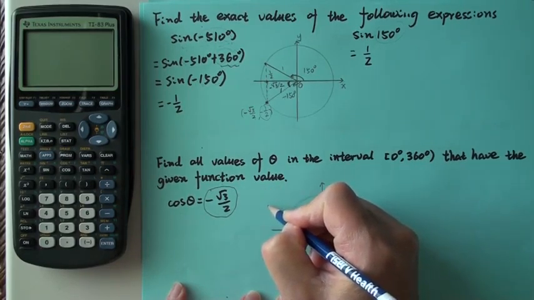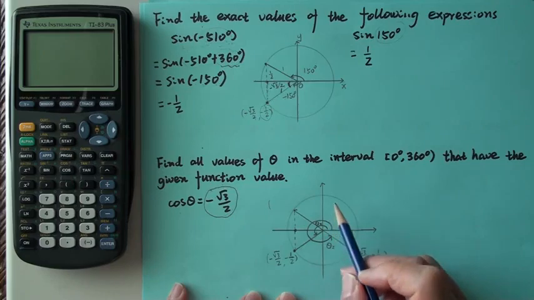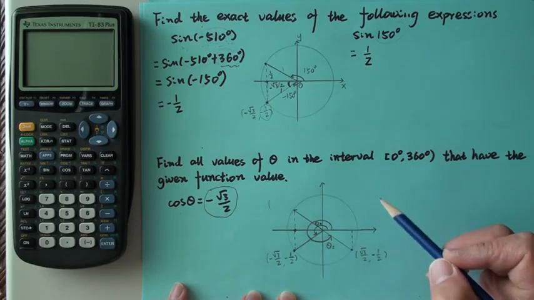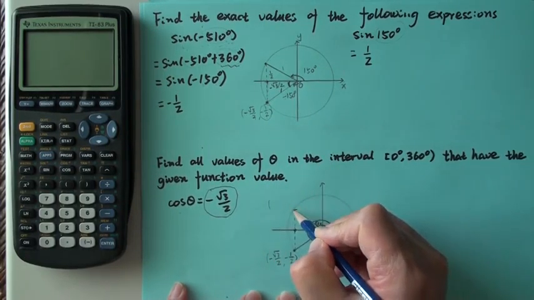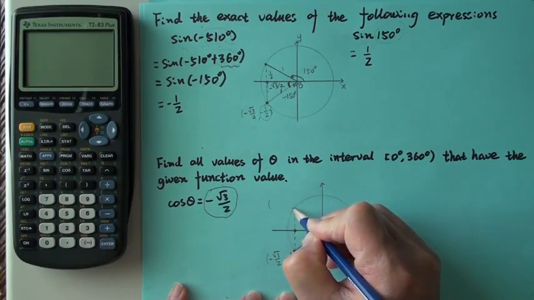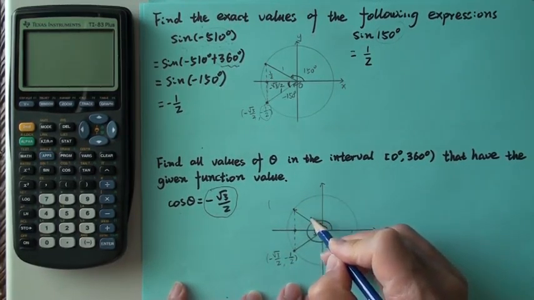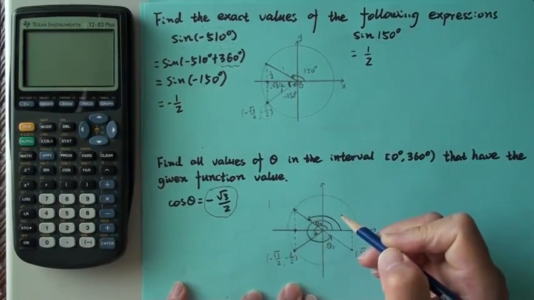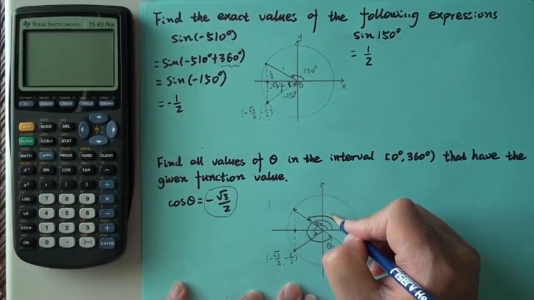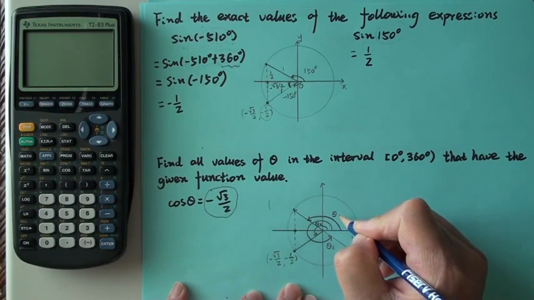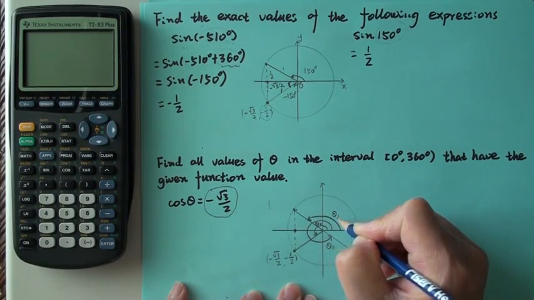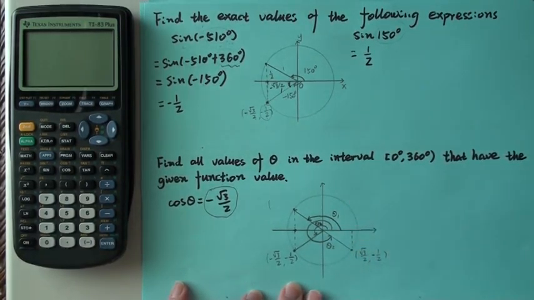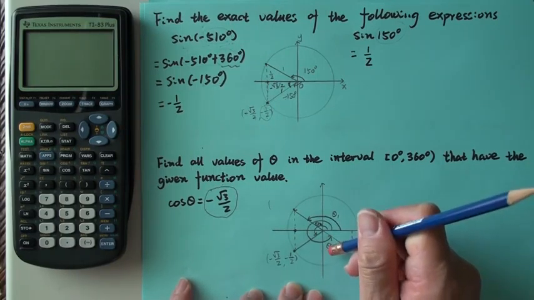Then you can see down here those two graphs should be similar. Down here we want to mark the coordinate for this one. We may mark this angle theta 1, and here is theta 2.